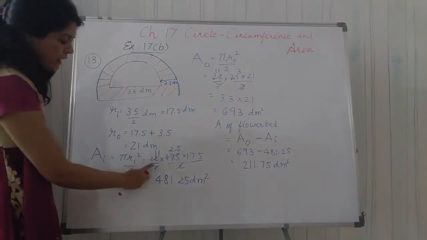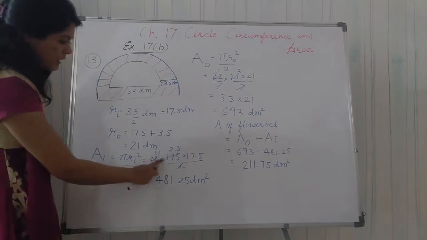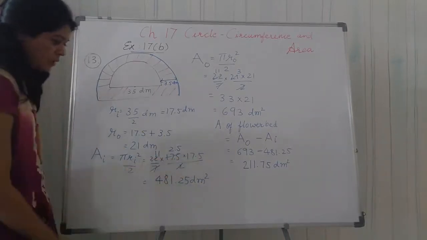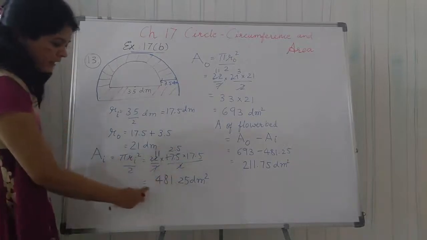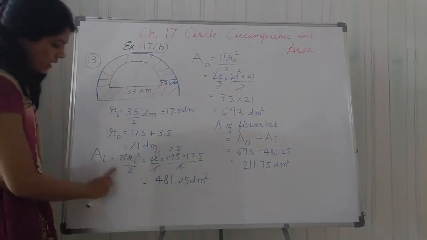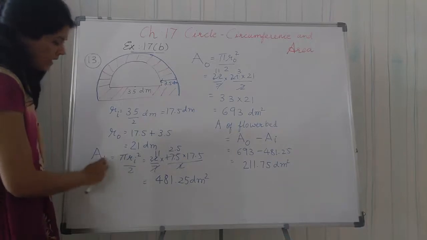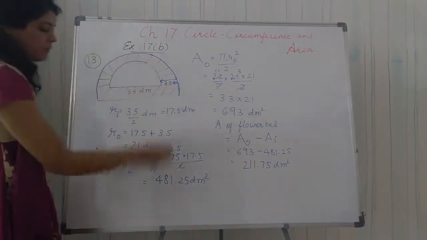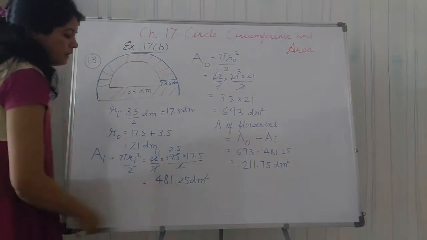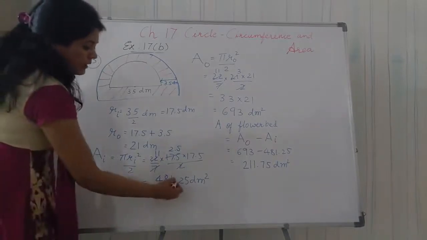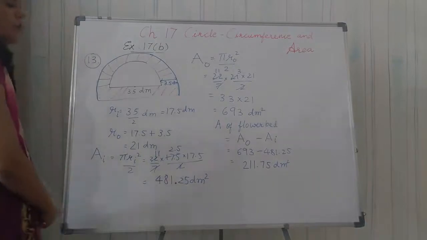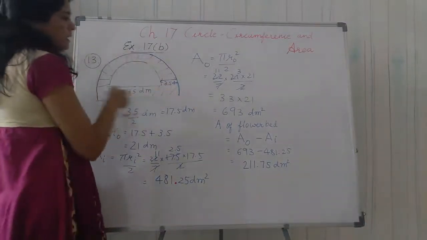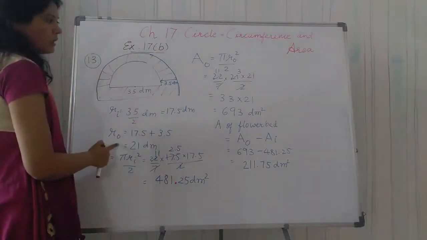Now substitute the values here. 22 by 7, 17.5 two times, divided by 2. So I cancelled it and get my answer as the inner area, this part, 481.25 dm square.